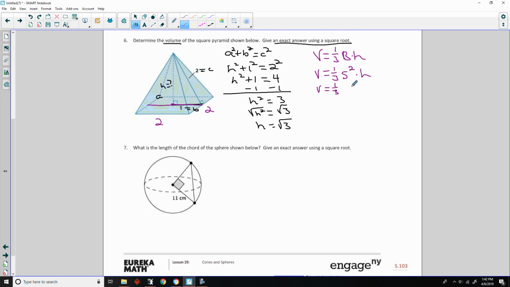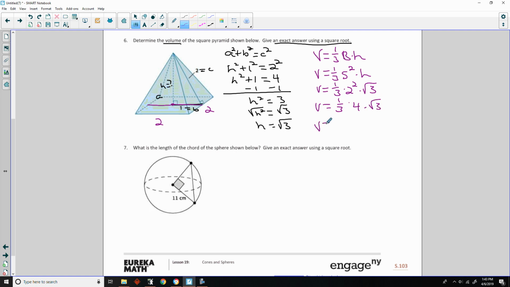So volume equals 1/3. All right, my computer just froze. Volume equals 1/3, and S squared, the side is 2, times the height, which we found to be the square root of 3. So the volume equals 1/3, 2 squared is 4, times the square root of 3.